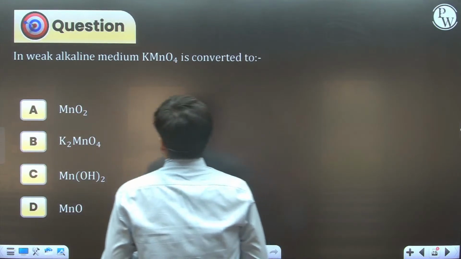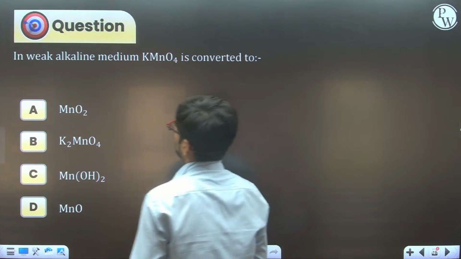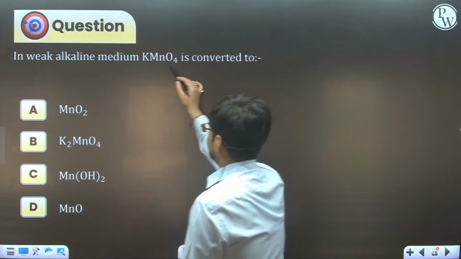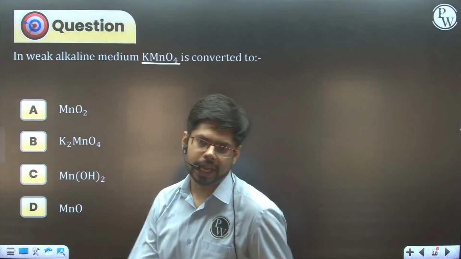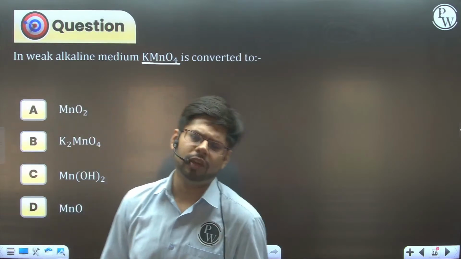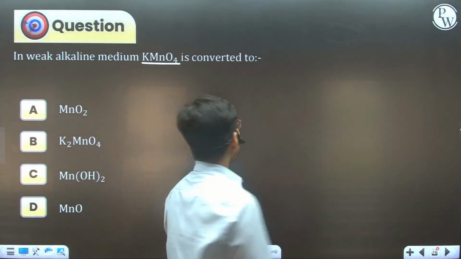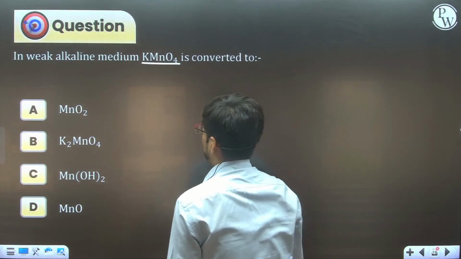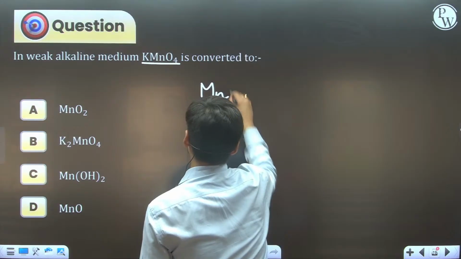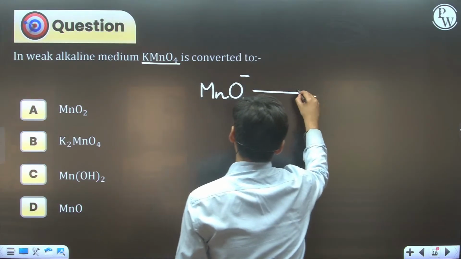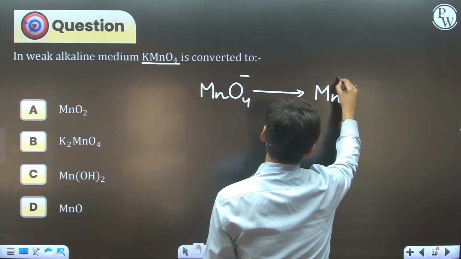In this question, KMnO4 is potassium permanganate. KMnO4 is very common in questions of redox reactions, and K2Cr2O7 is also very common. We must remember that MnO4 minus gets converted to Mn2 plus in acidic medium.